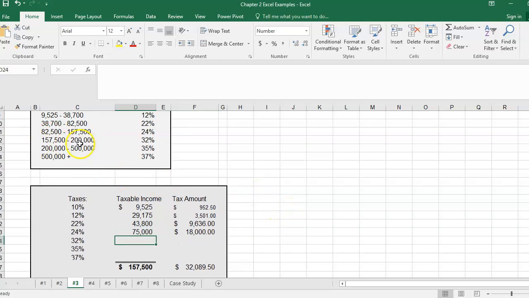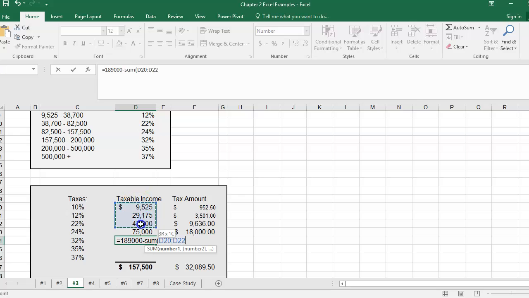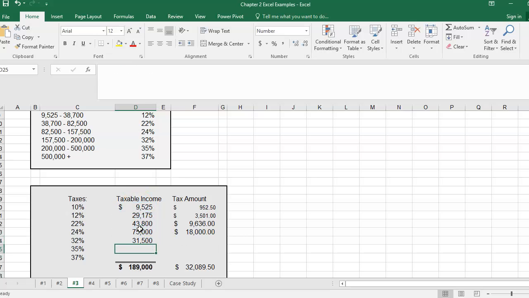Now the next bracket goes up to $200,000, but we only have taxable income of $189,000. So we're going to use $189,000 as our top amount, minus all of the tax that we've already paid, which leaves us a total of $31,500 to be taxed at a rate of 32%.